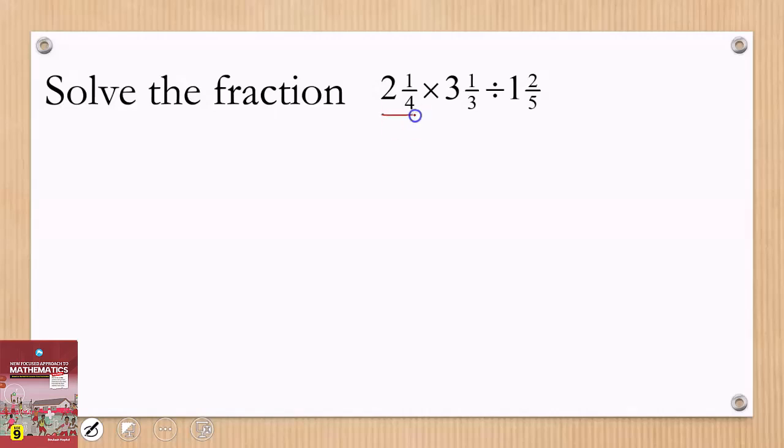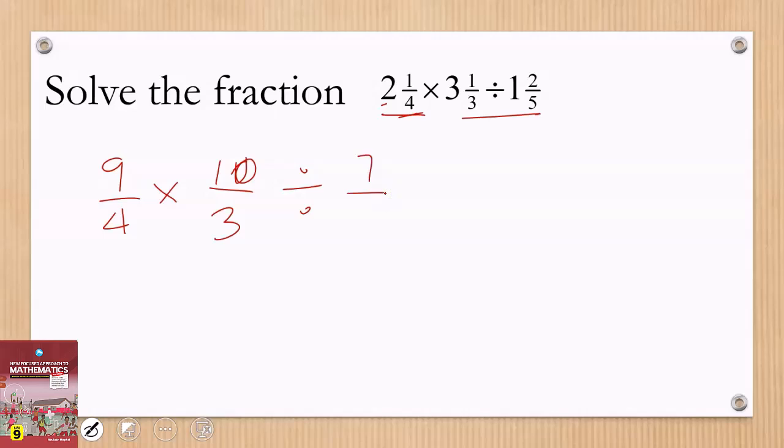So first of all, let's convert this to improper fractions. 4 times 2 is 8 plus 1, 9 over 4, times 3 times 3 is 9 plus 1, 10 over 3. Then divided by 1 whole number 2 over 5, that would be 5 times 1 plus 2, 7 over 5.